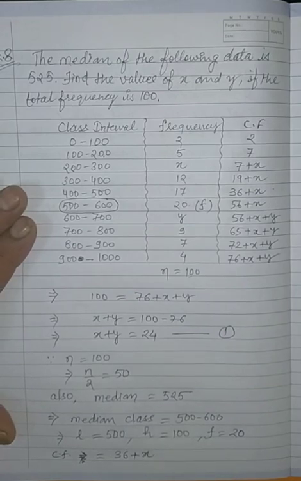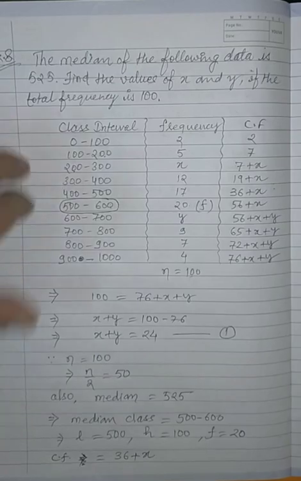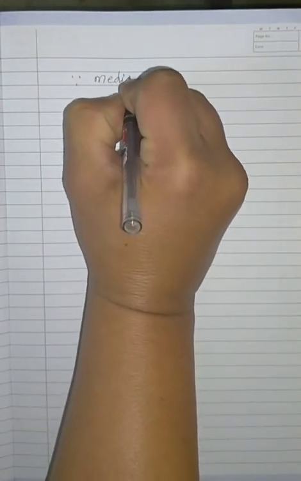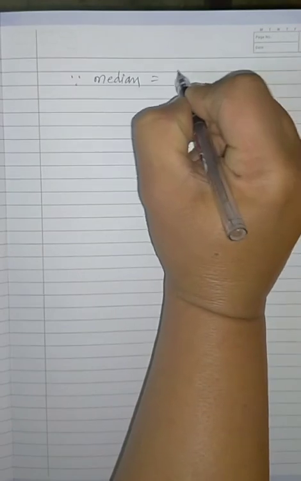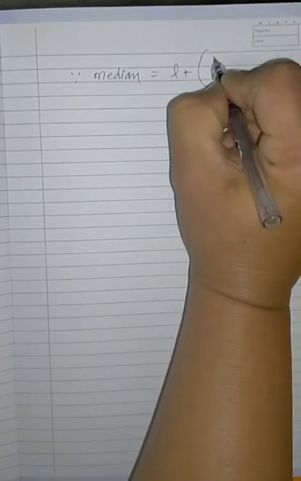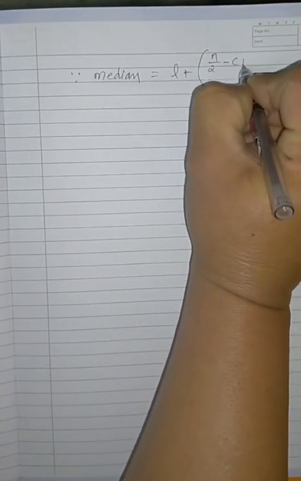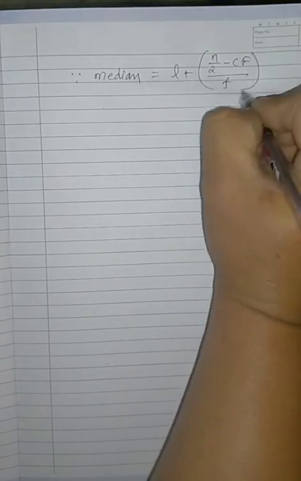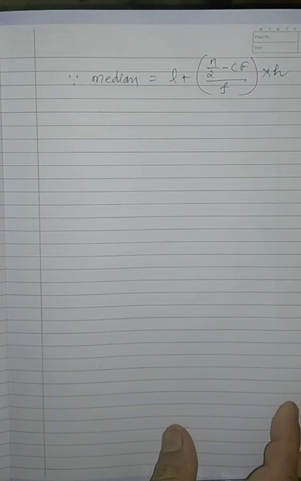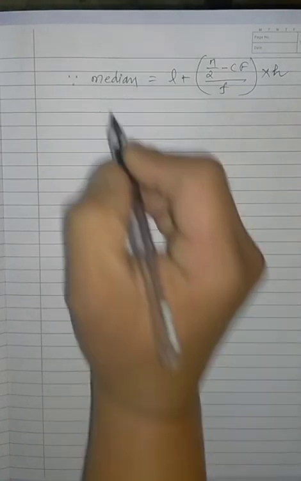So here we have got all the values which we can put in the formula. Let us calculate it. Since median is equal to L plus, within bracket, n by 2 minus CF upon f, into h. This formula we have used previously also.